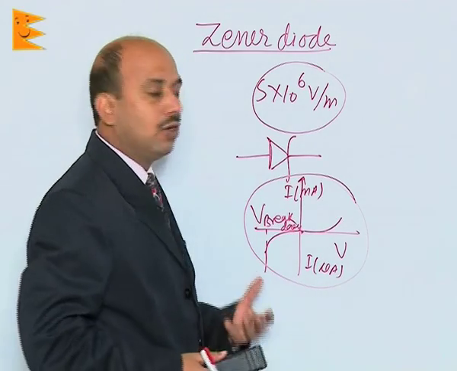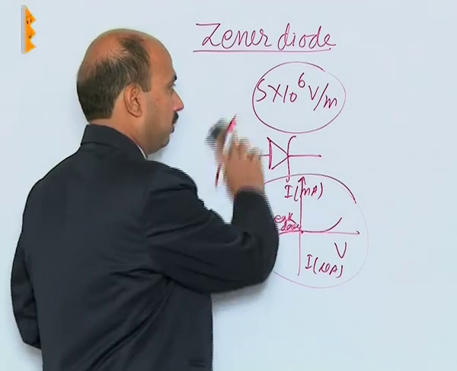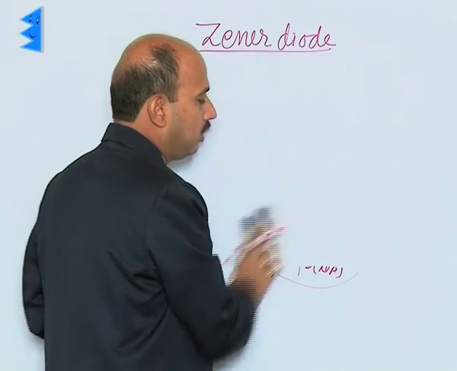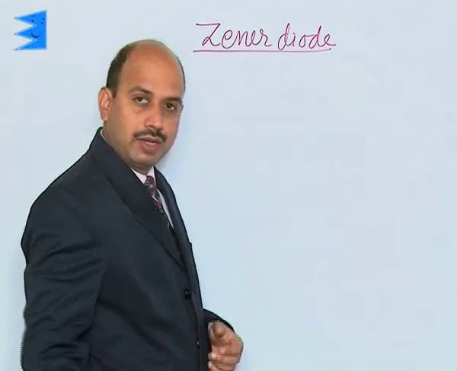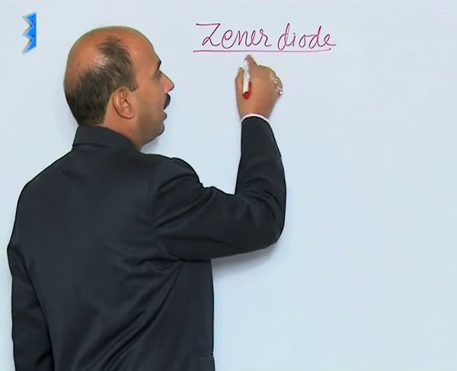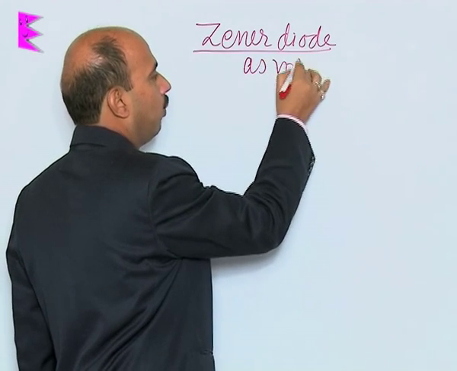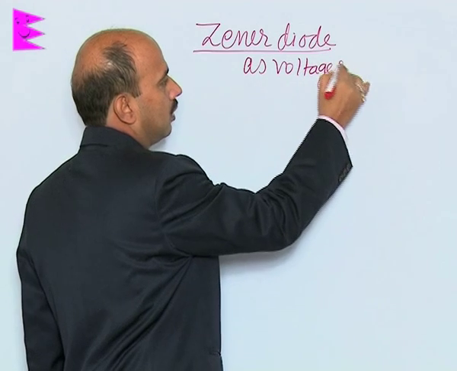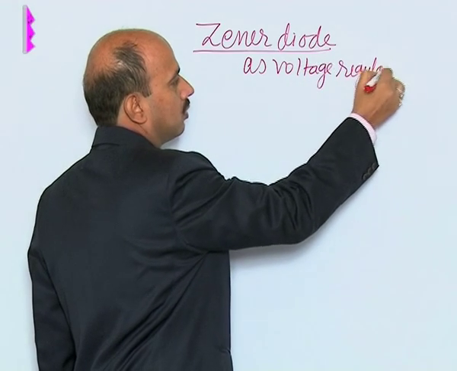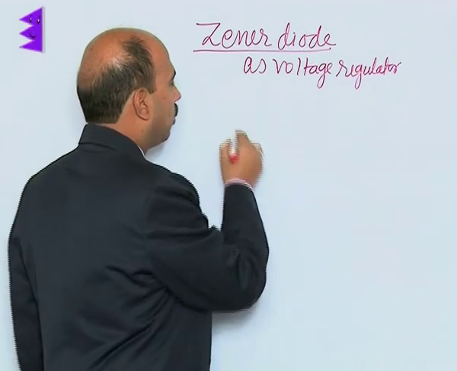Let us see the working of the Zener diode as a voltage regulator. So, when the Zener diode is used as a voltage regulator, see here the circuit.